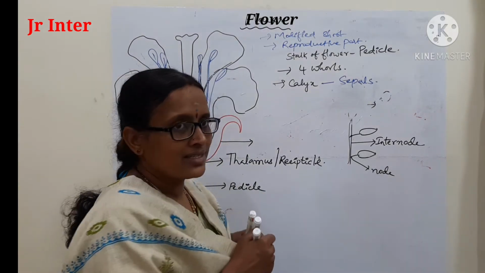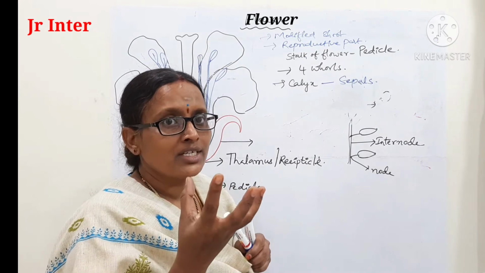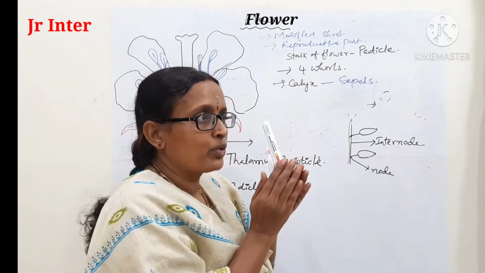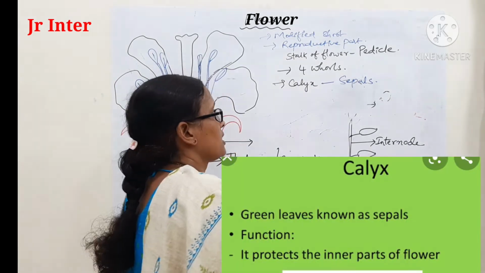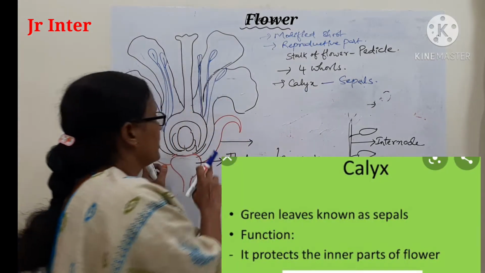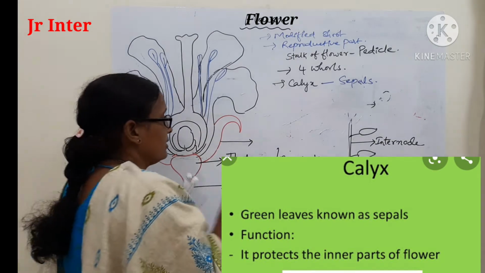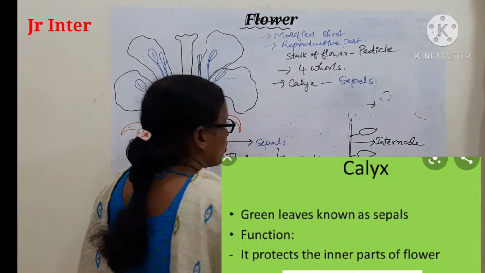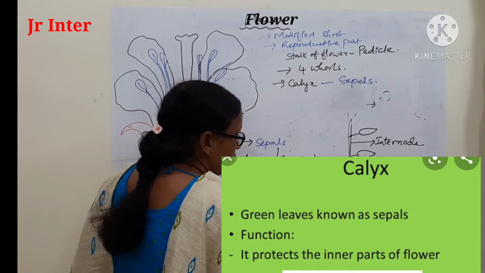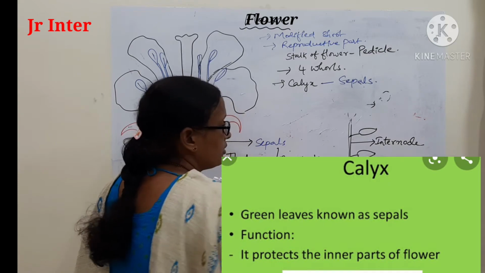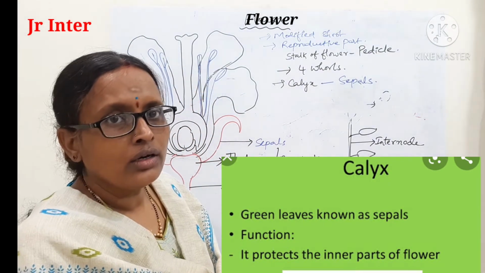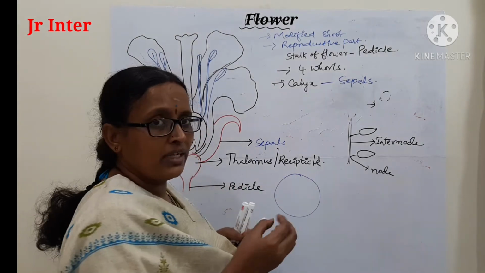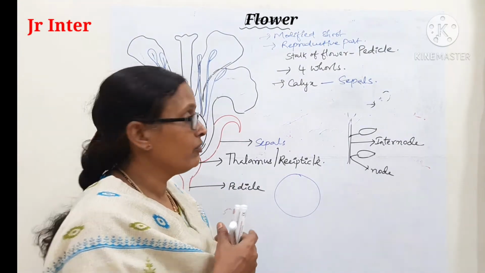The function of the calyx is to protect the essential organs during the bud stage. The number of sepals may be 4 or 5, depending upon the flower; in hibiscus there are 5.